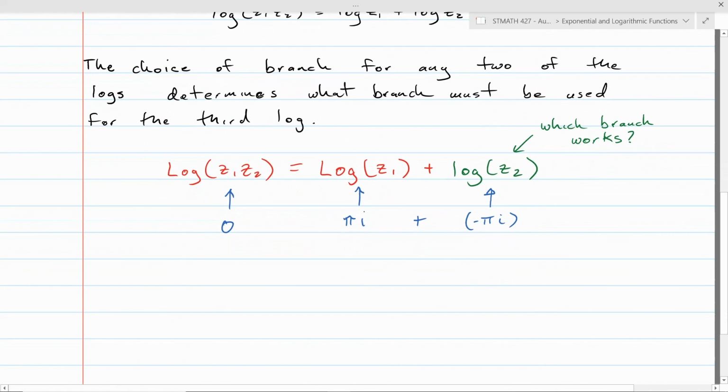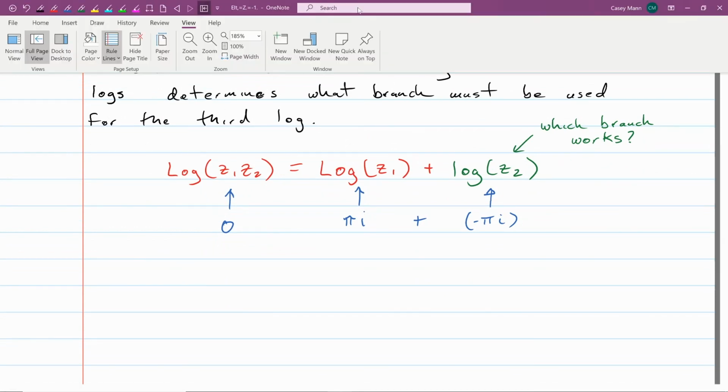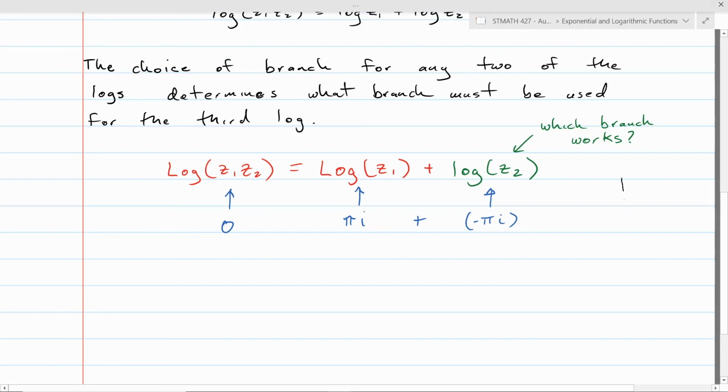Well, you just got to pick a branch that contains the angle negative pi there for the argument of negative 1. And there are a lot of possible choices you could use. Just to visualize it, here's the angle negative pi, and I need to get a range of length 2 pi of angles that contains negative pi. So maybe I could take my cut to be, so I'm thinking of it like this.